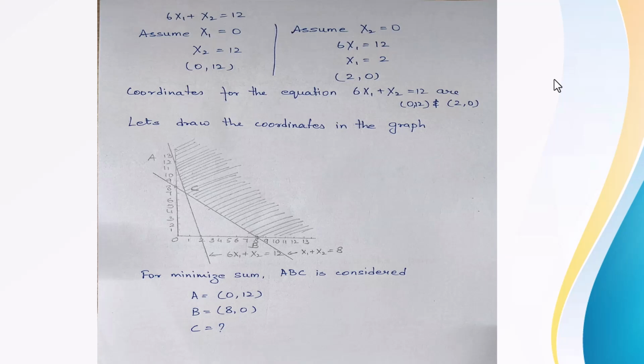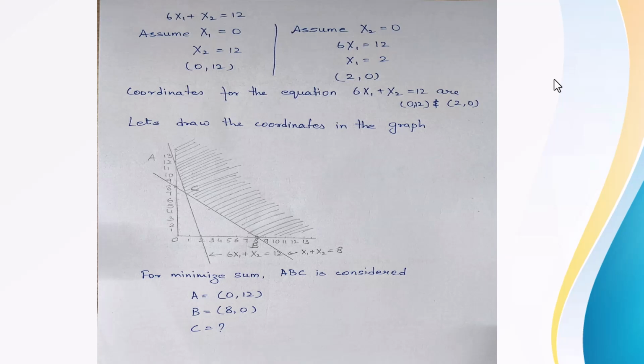Then for 6x1 + x2 = 12, the coordinates are (0, 12) and (2, 0). We identify those points and connect them to make the line for the equation 6x1 + x2 = 12. For a minimization problem, we have to consider the outer area.